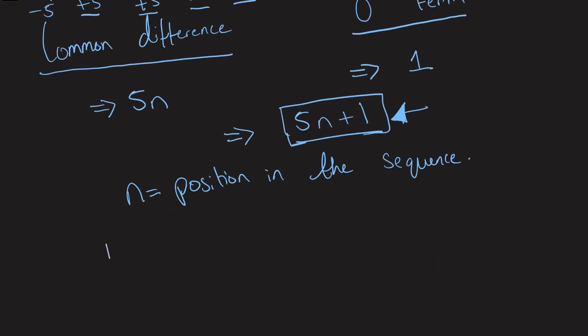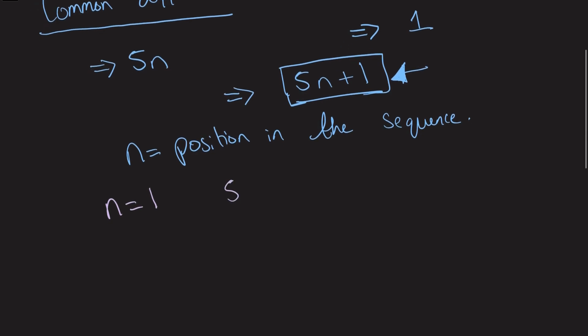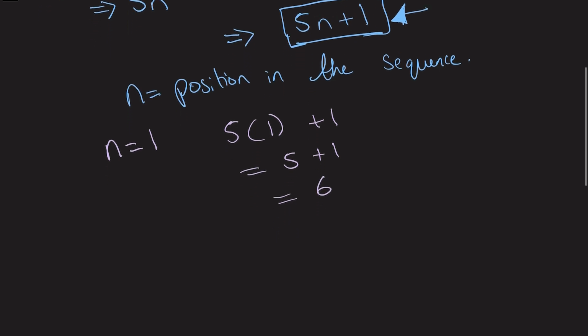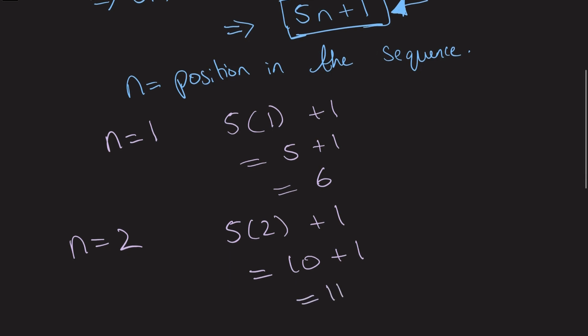So when n equals 1, we can write the sequence out as 5 brackets 1 plus 1, which equals 5 plus 1, which equals 6. When n equals 2, you get 5 brackets 2 plus 1, which equals 10 plus 1, which equals 11.